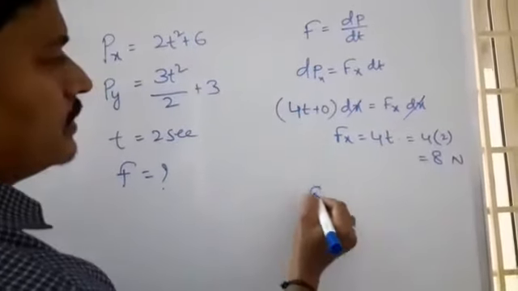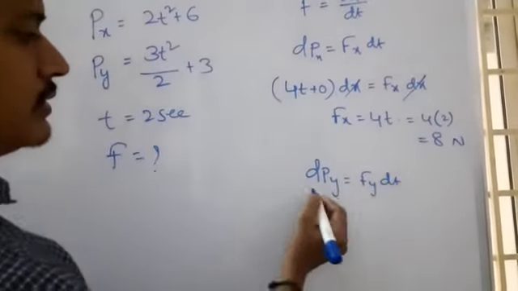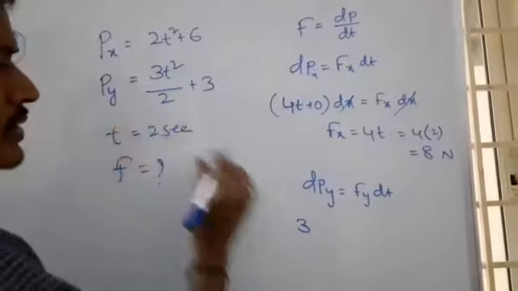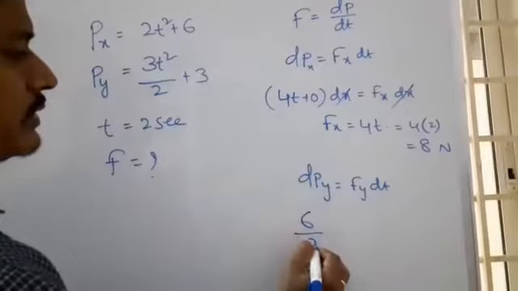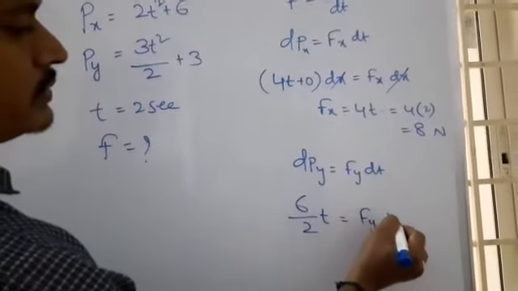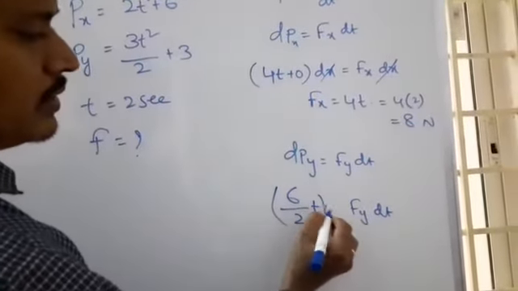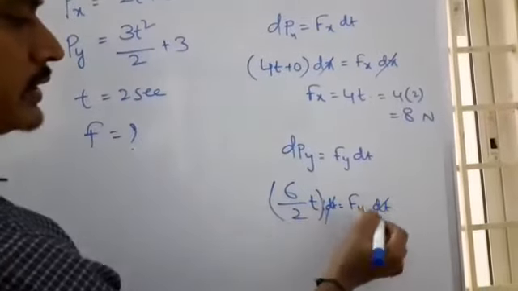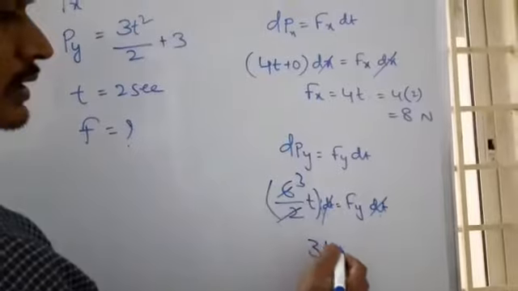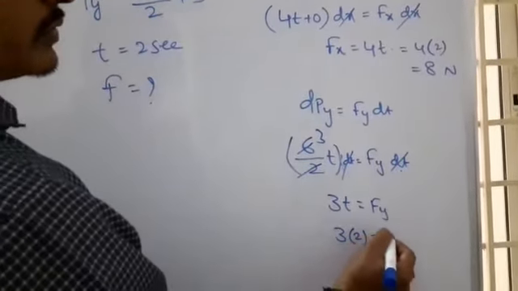Next, dPy is equal to Fy into dt. So derivative of this term, 3 into 2 is 6, 6 by 2 into t is equal to Fy into dt. dt gets cancelled. 6 by 2, that is 3t. 3 into t is equal to Fy. 3 into 2 is equal to Fy.